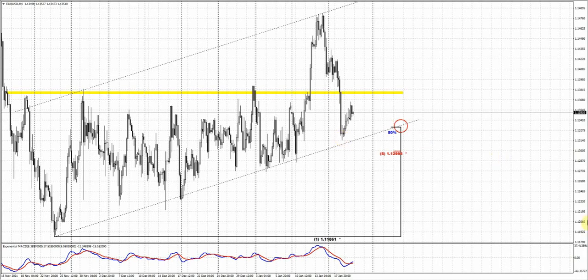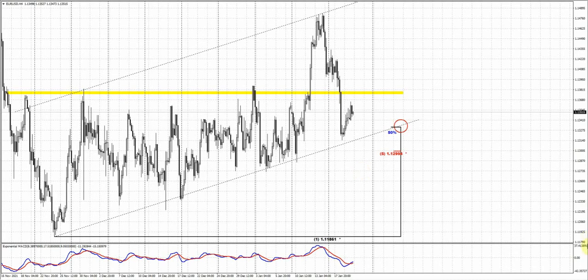On the Australian dollar, the one important thing that I would like to show you today, guys, is another example of why we need to keep an eye on the futures every time, if you would like to confirm or disconfirm some pattern that you see on a retail broker chart.